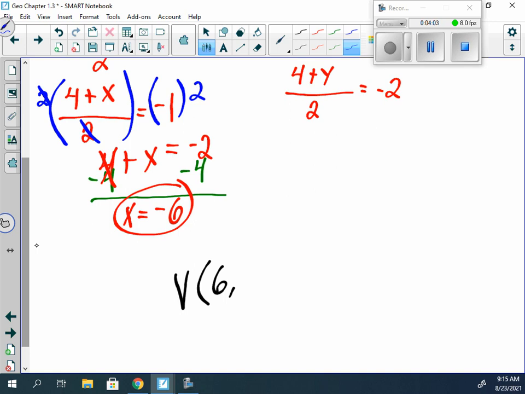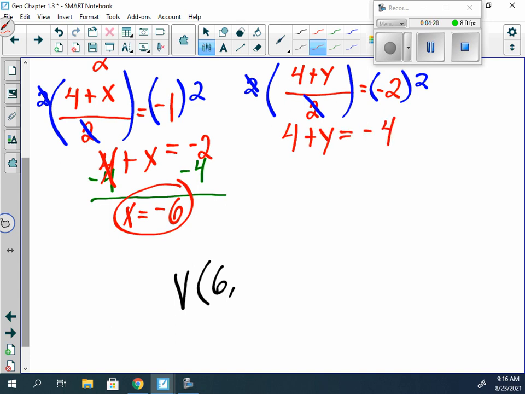So let's solve for the value of y. What do we need to do first? Multiply both sides by 2. When we're solving for an endpoint and we're given the midpoint already and an endpoint, really that first step is going to be multiplying by 2. So we multiply both sides by 2. On one side we get 4 plus y. On the other side, -2 times 2 gives us -4.